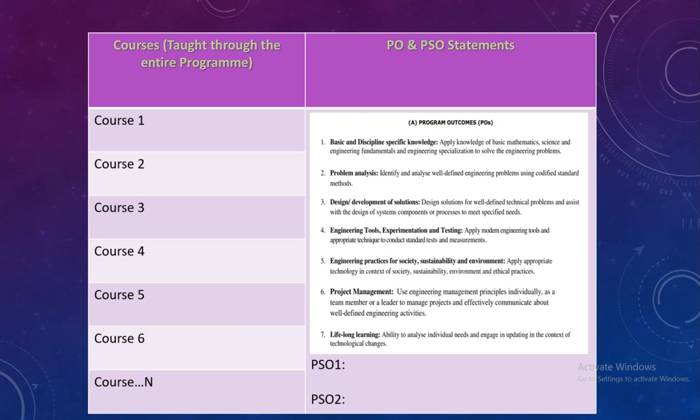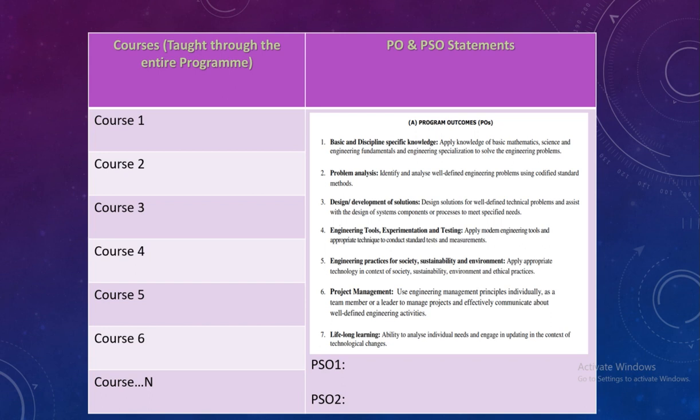The number may vary. It may be 50 courses for electrical engineering, maybe 65 for automobile, maybe 55 for civil engineering, and so on. So we need to make a list of all the courses taught in a program, and then we shall move on to comparing them with the PO and PSO statements.